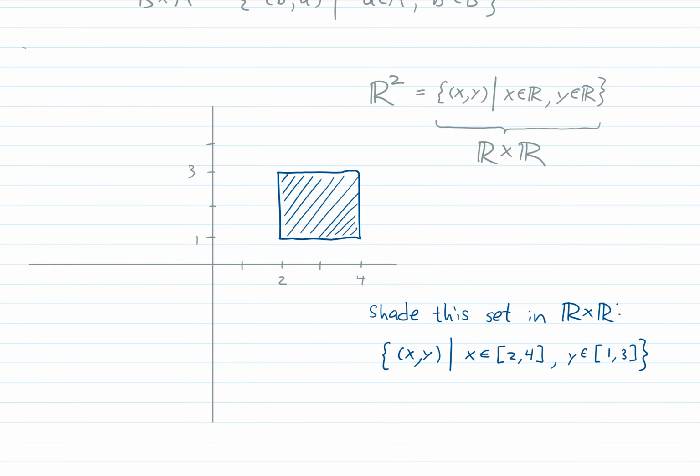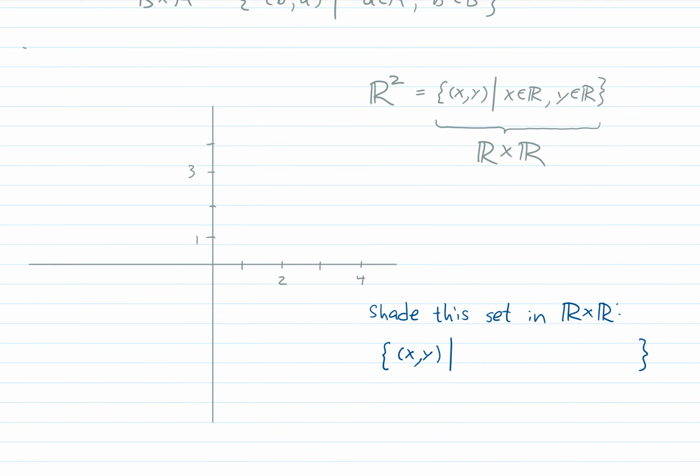Let's do another one. Let's shade this set. The set of all ordered pairs (x, y) such that x squared plus y squared is less than or equal to 4. Do you recognize that?